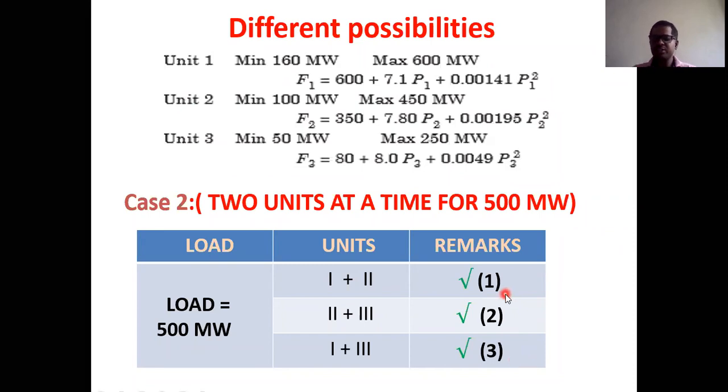But here, we need to select only one choice out of these 3 combinations: either the first combination, or the second, or the third. What combination do we need to select in order to meet the load and at the same time be optimal? Now tell me, optimally.